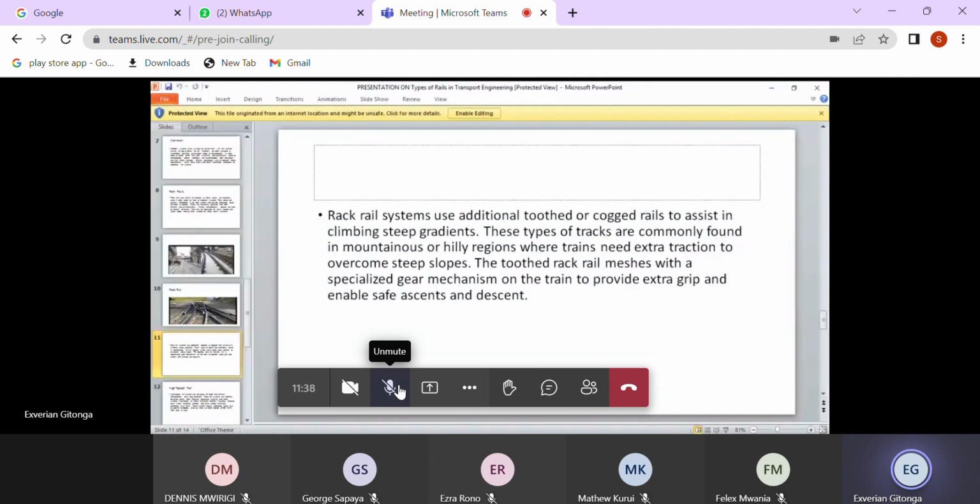So they have a rack rail mesh with a specialized gear mechanism on the train to provide extra grip and enable safe ascents and descents. So these ascents and descents are mainly climbing and slowing down on the rack rail systems.